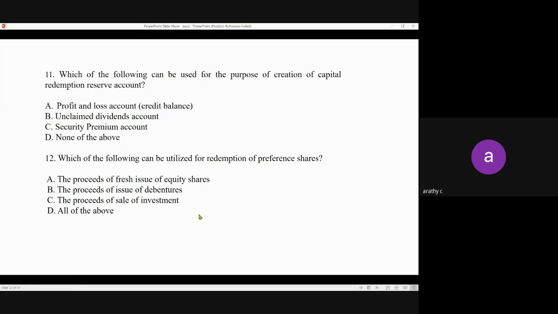And the next question is, which of the following can be utilized for redemption of preference shares? The first is the proceeds of fresh issue of equity shares, the proceeds of issues debentures, and the proceeds of sale of investment, all of the above. This question is easy.